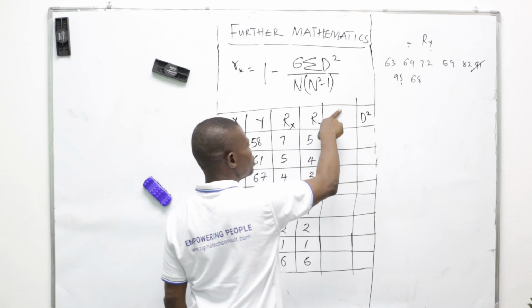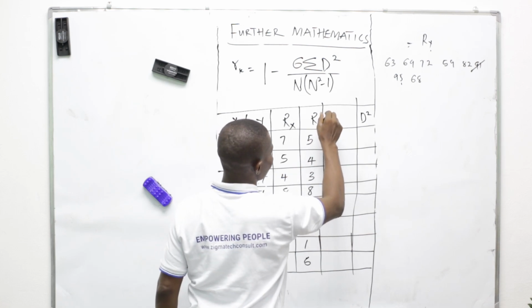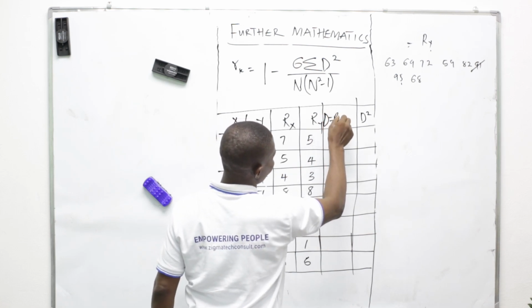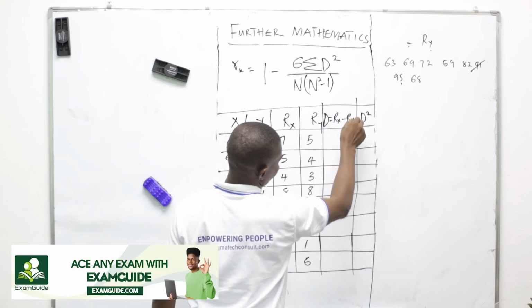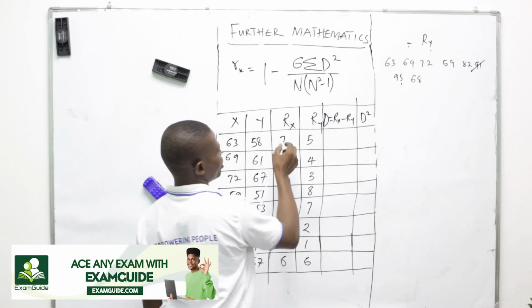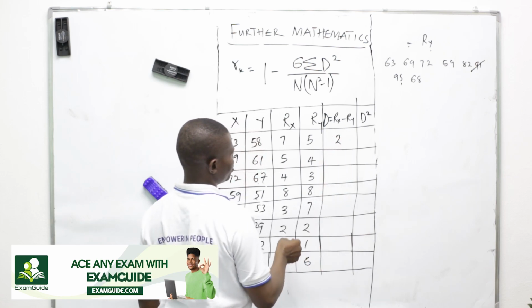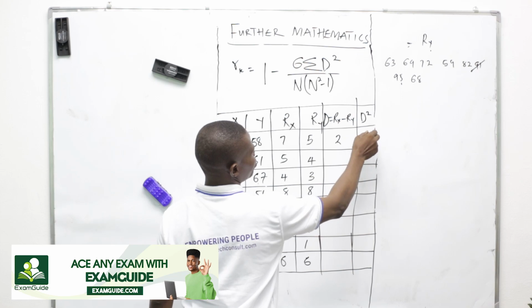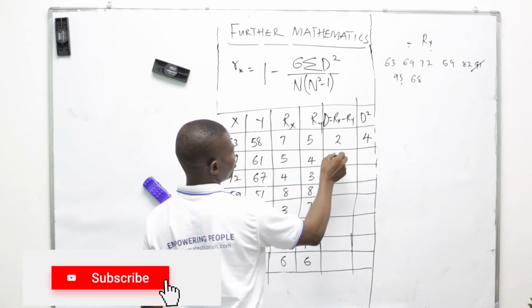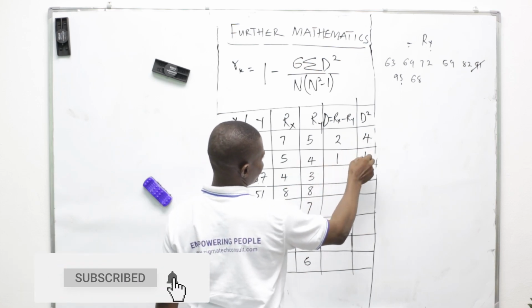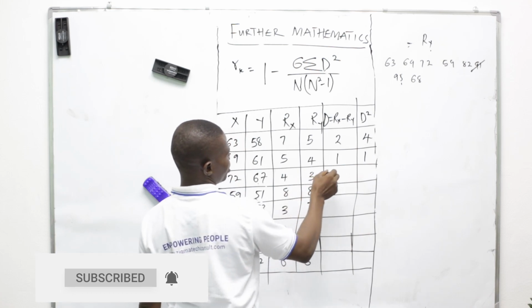Now, d equals Rx minus Ry. 7 minus 5, 2. Square of 2, 4. 5 minus 4, 1. Square of 1, 1. 4 minus 3, 1.